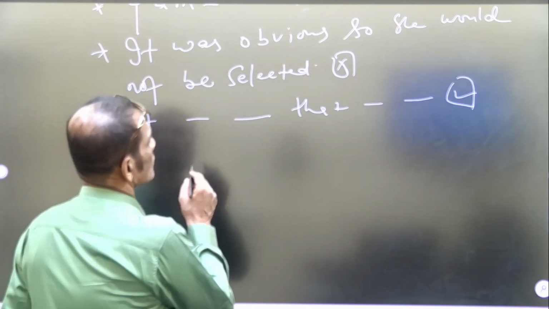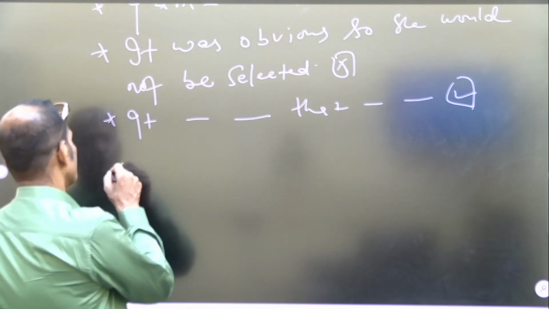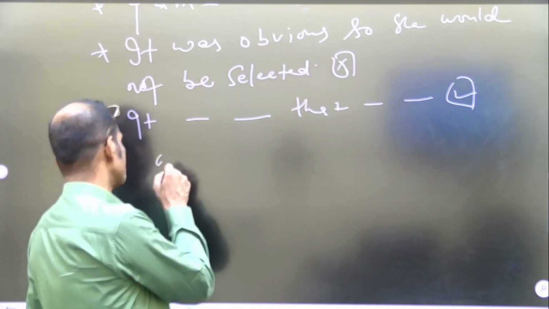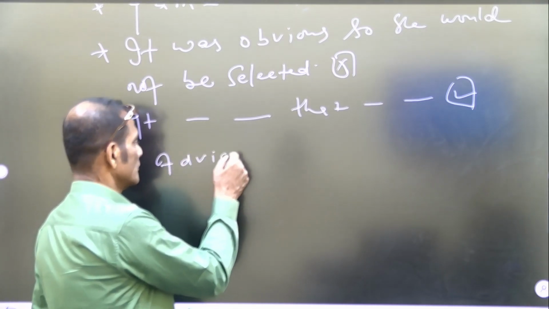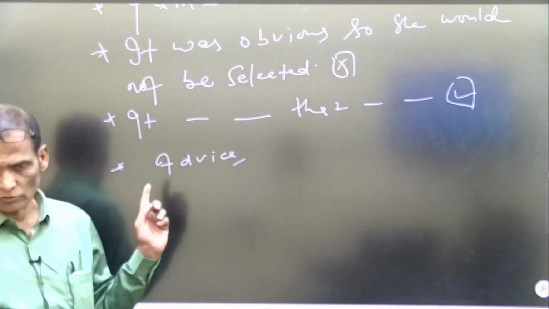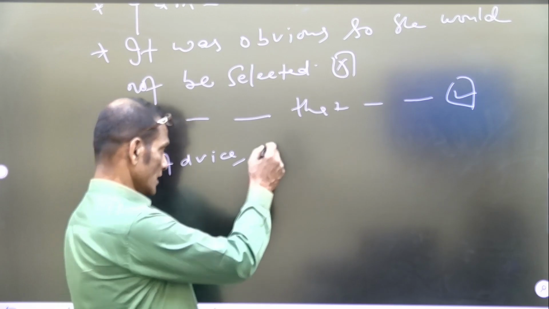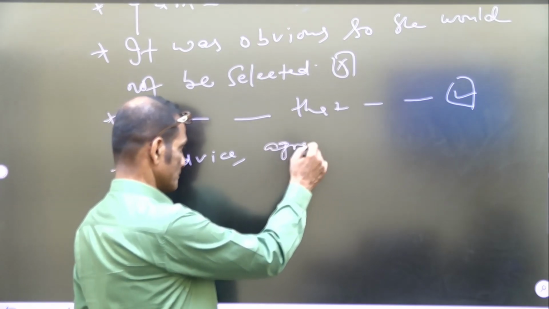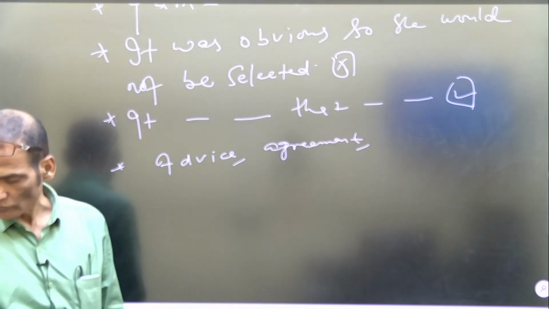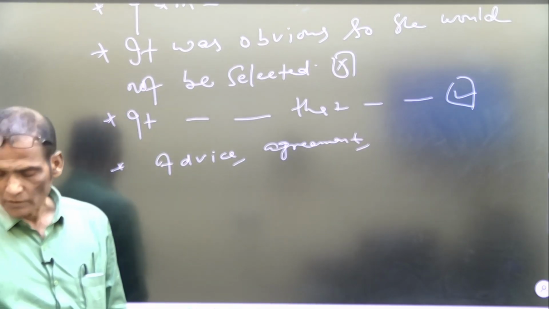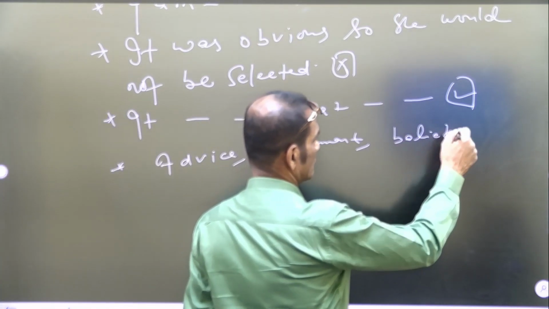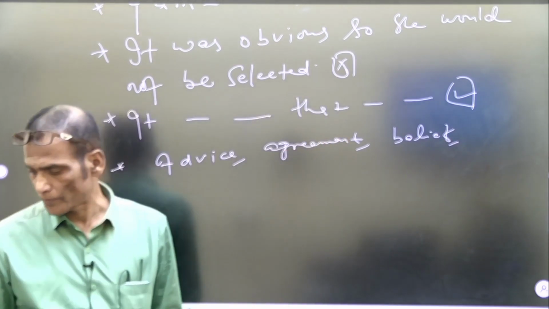So the first noun is advice. If there is advice in your principal clause, your subordinate clause will be started with that. Then after agreement, this one is the second noun, agreement. Then after belief, B-E-L-I-E-F, belief.